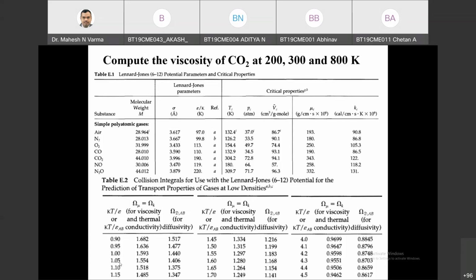So either you can interpolate linearly between these two data, or you can use either 1.55 or 1.60. Accordingly, you will be getting the error. But I will suggest that you should interpolate the data. So at 1.55, what is the collision integral? 1.297. At 1.6, what will be the collision integral? 1.280. So what will be the value at 1.57? So interpolation.